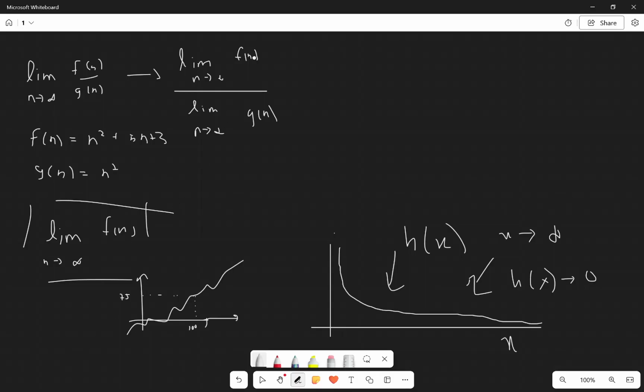So what we are going to do is divide the value of fn when it's at infinity by the value of gn when it's at infinity. Okay, so that's what we're going to do.